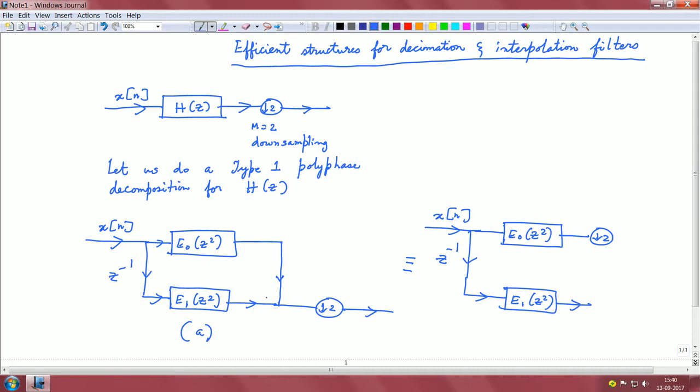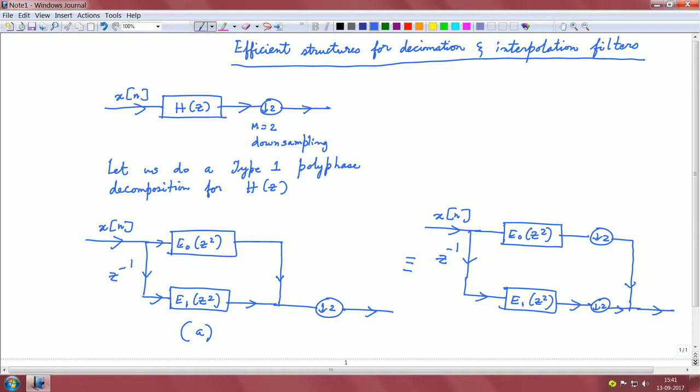Basically I am pushing the downsampler into each of the 2 branches. So this is my equivalent form.